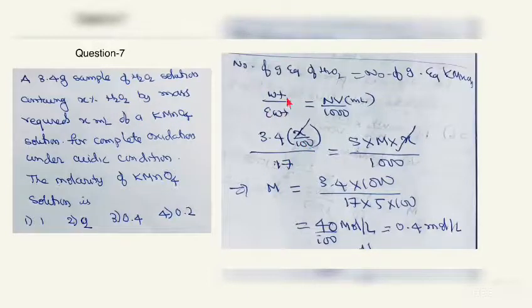The equivalent weight of H2O2 is 17, because the molecular weight is 34 and valency factor 2. For acidic medium KMnO4 valency factor is 5, so normality equals 5 into M, molarity into valency factor, into the volume used, x mL, so x by 1000. This x will get cancelled, and if you find the molarity you will get 0.4 mole per liter. Thank you.